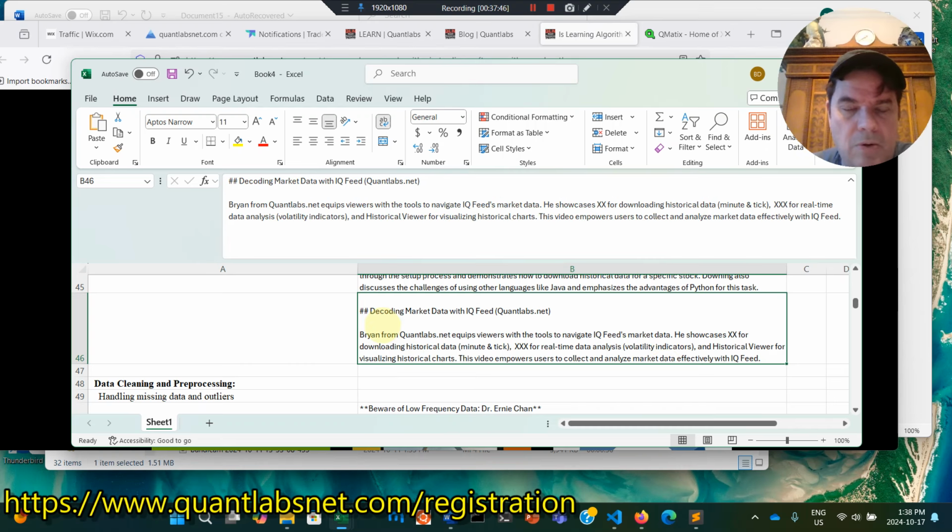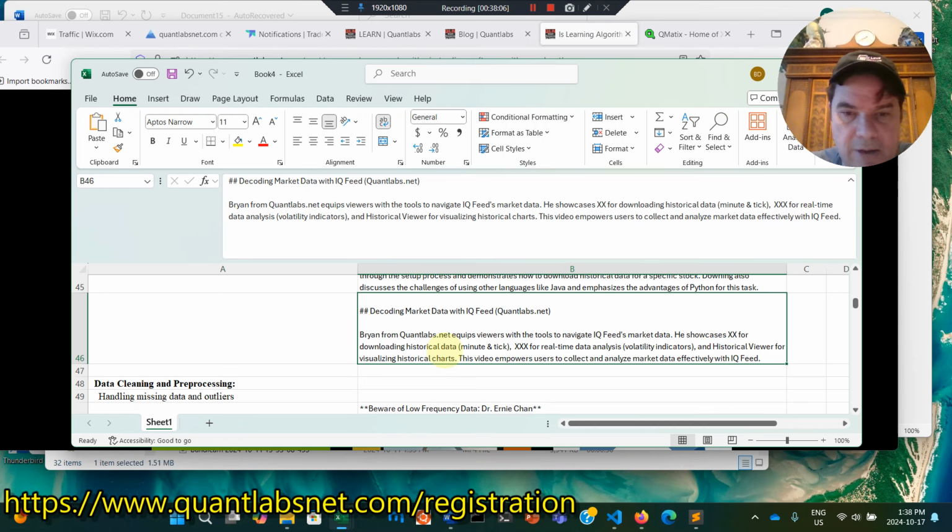So now we need to know, I believe this is the real time. So I equip viewers using IQ Feed again, using a tool that is specifically for Windows and nothing else. It doesn't work on Mac or Linux. The advantage of this particular tool with IQ Feed.